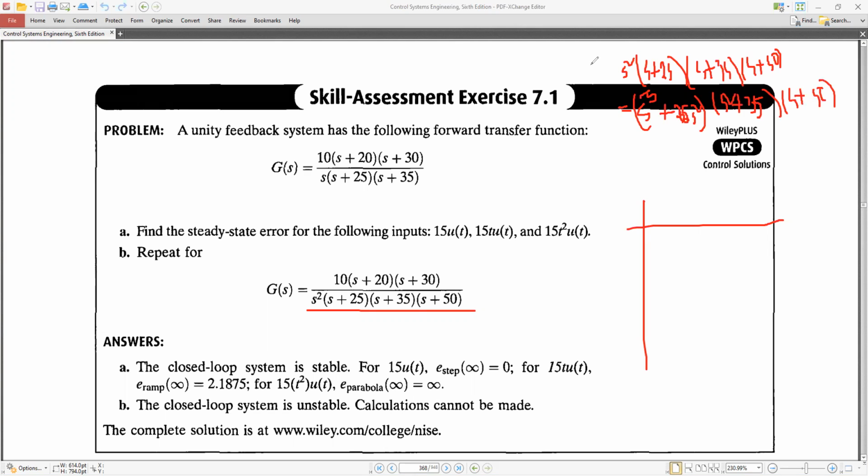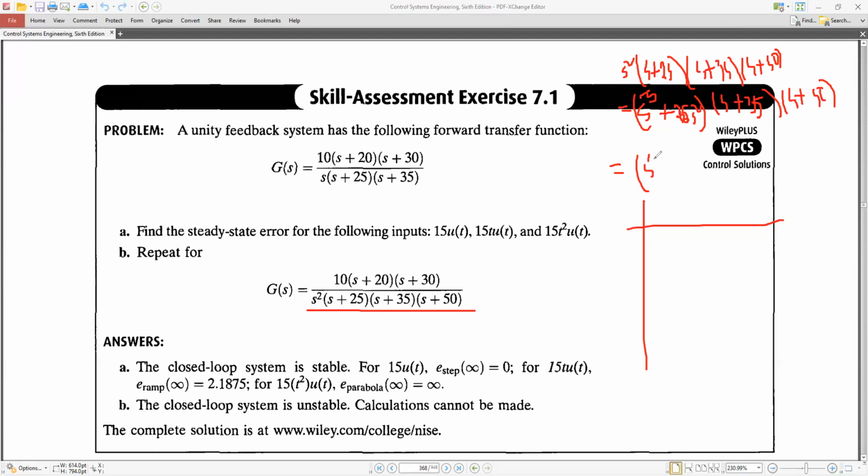Sorry, this is not the s square. Let me clear this one. S plus 35. Okay, now see s cube, calculate this one with this one.